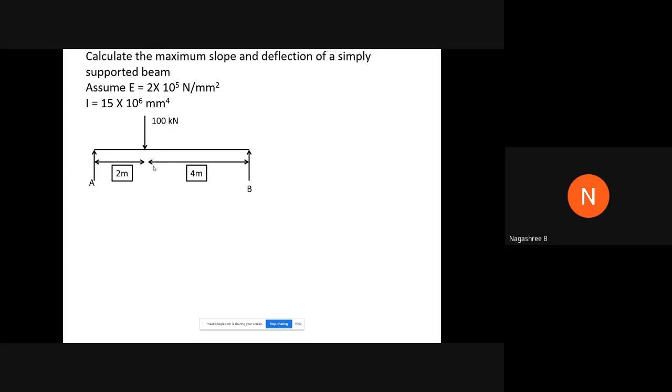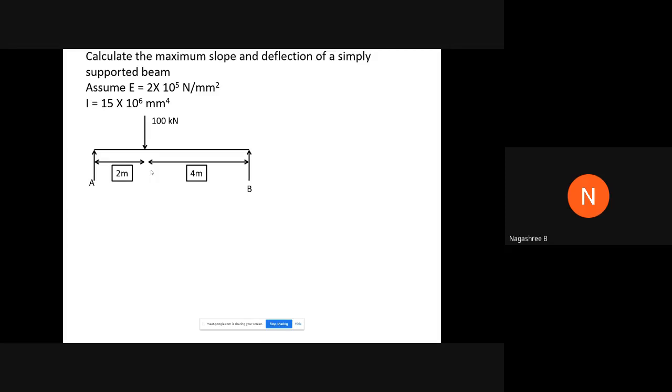In the question itself, they have given that the Young's modulus is 2 into 10 power 5 Newton per mm square, and the moment of inertia as 15 into 10 power 6 mm power 4.